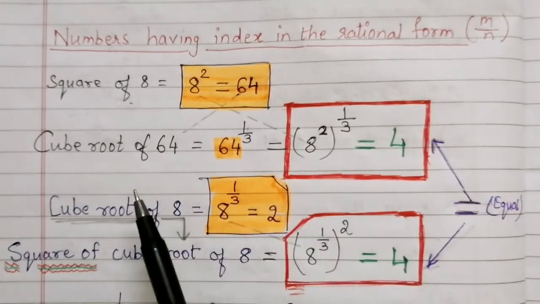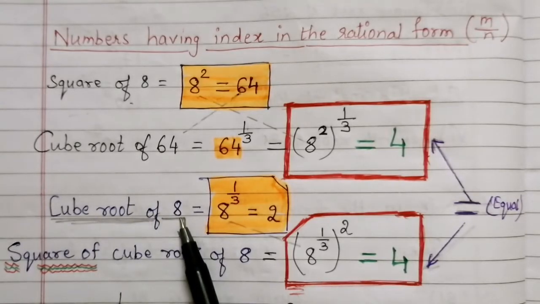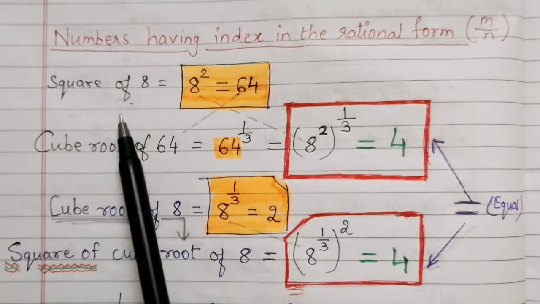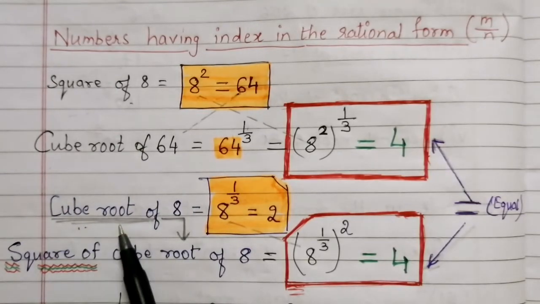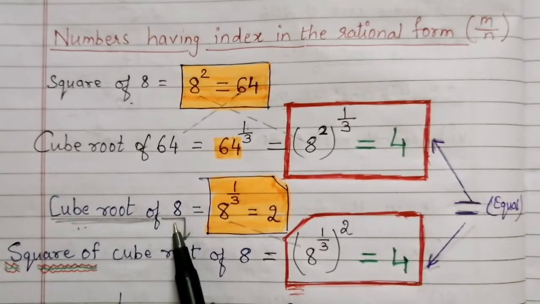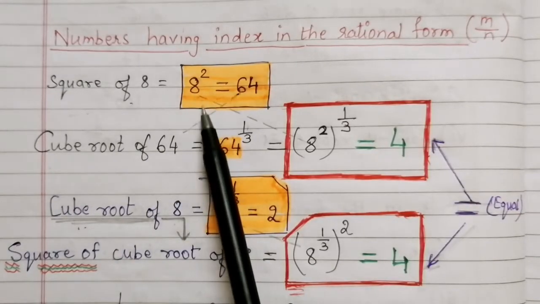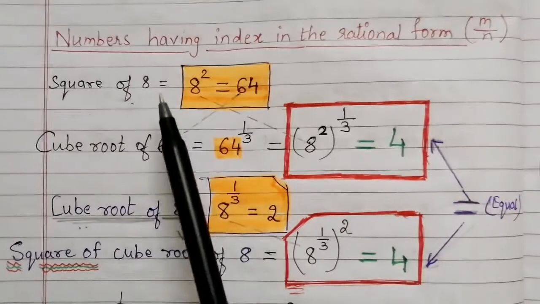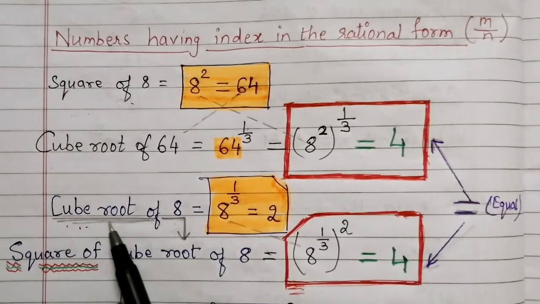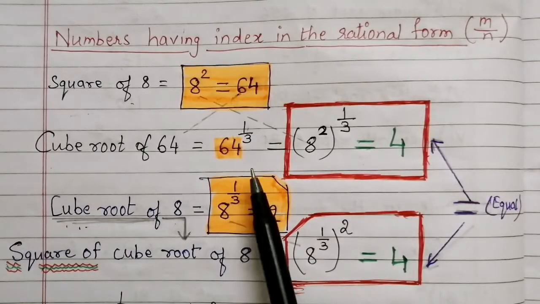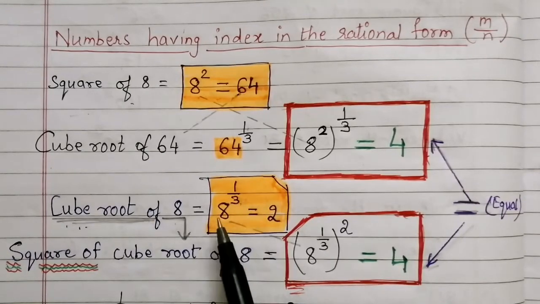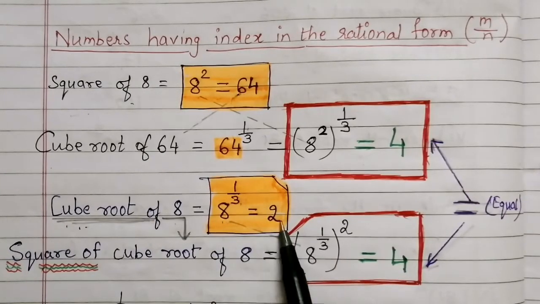Now cube root of 8. Earlier we saw square of 8, then cube root of 64. Now cube root of 8. Why have we taken 8? Because we are taking this example of 8. So cube root of 8 can be written in index form as 8 raised to 1 upon 3. Its value is 2.